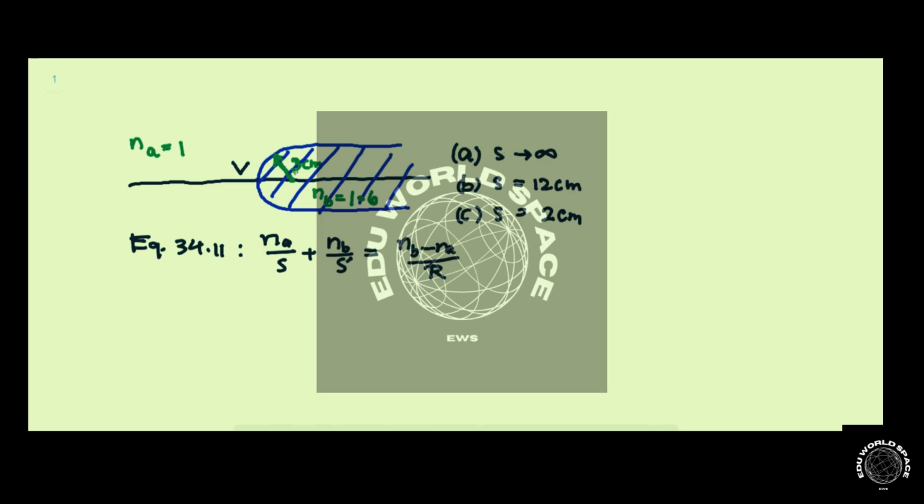And we're given the radius of curvature in this problem is 3 centimeters. So this is going to be the main equation that we use in parts A, B, and C.